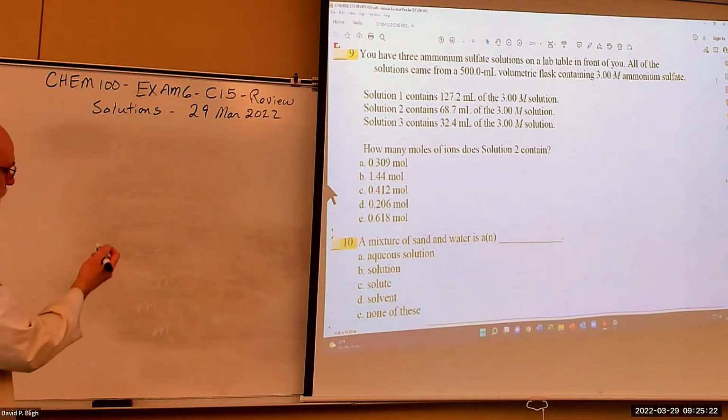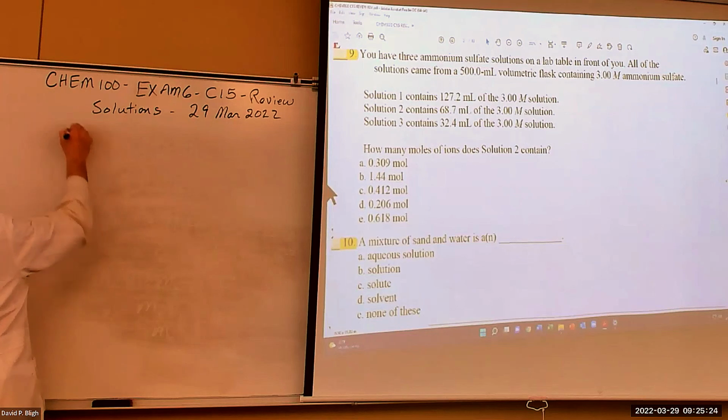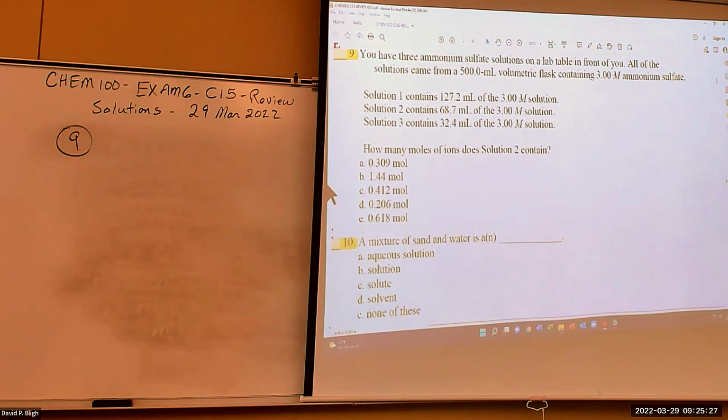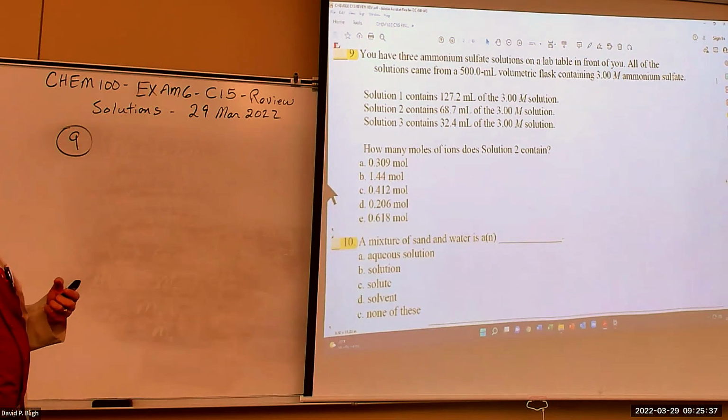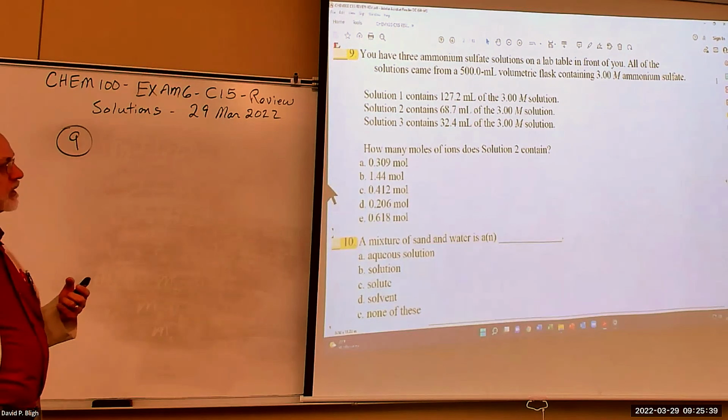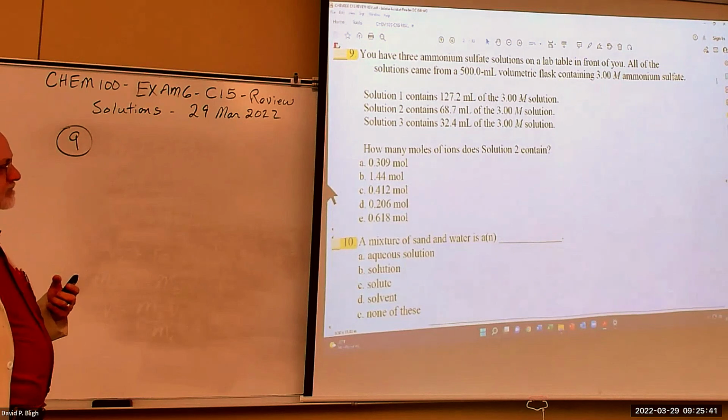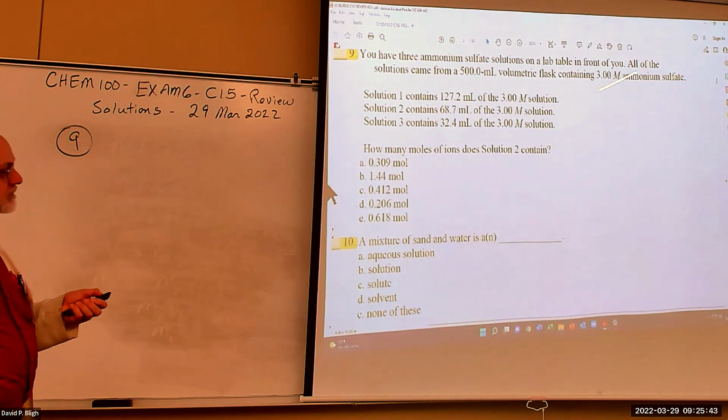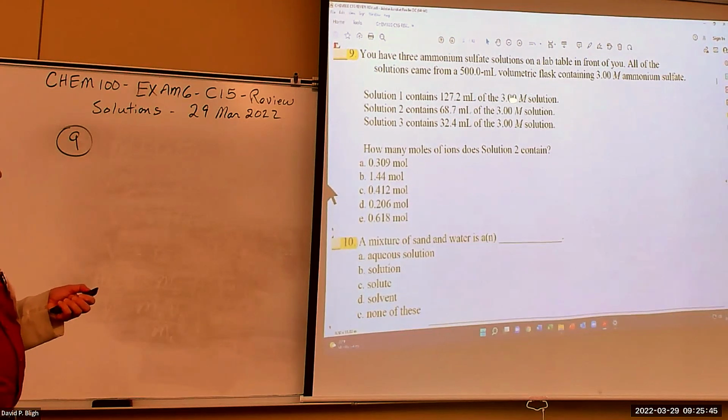All right, number 9. You have 3 ammonium sulfate solutions on a lab table in front of you. All the solutions came from a 500 milliliter volumetric flask containing 3 molar ammonium sulfate. So each one of these is the same concentration.